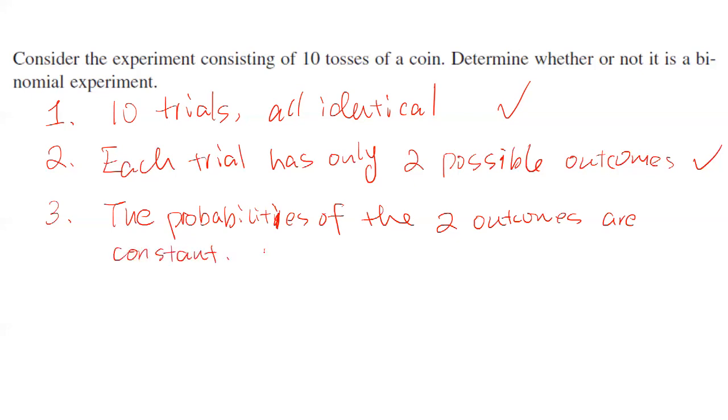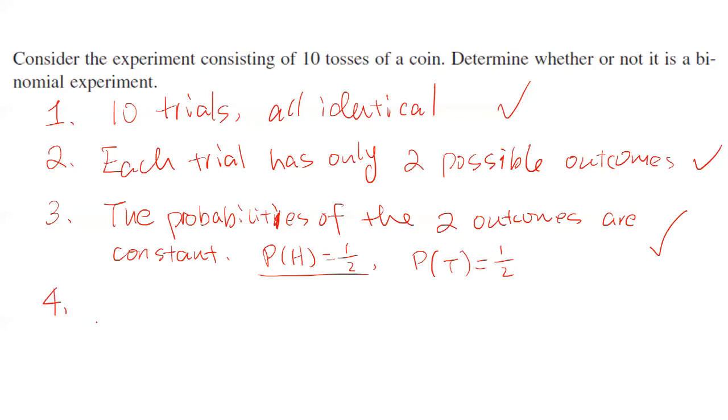Why is that constant? Because P head is always 1/2, P tail is always 1/2, right? The probability of being a head never changes. Similarly, the probability of being a tail never changes. So the probabilities of these 2 outcomes are constant. So it fulfills the third condition.